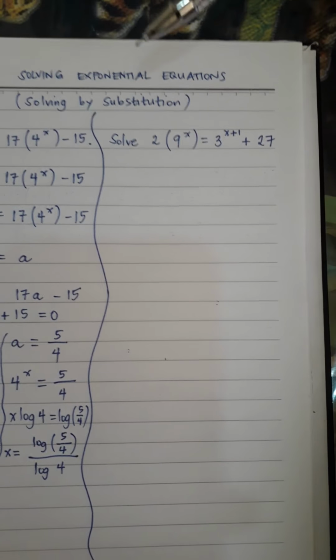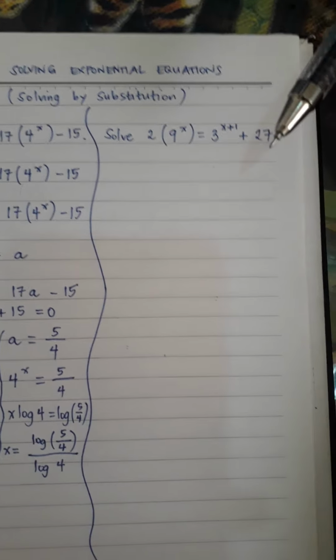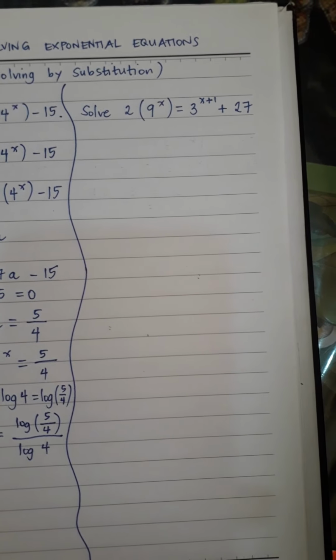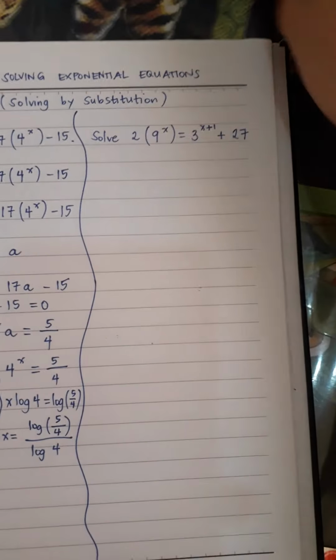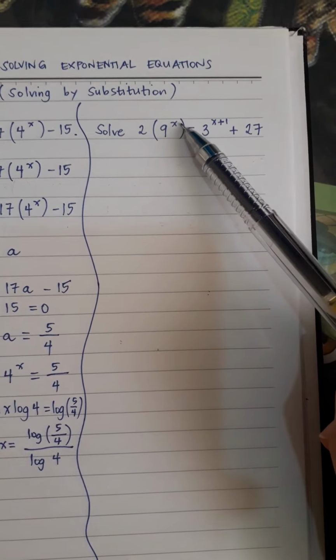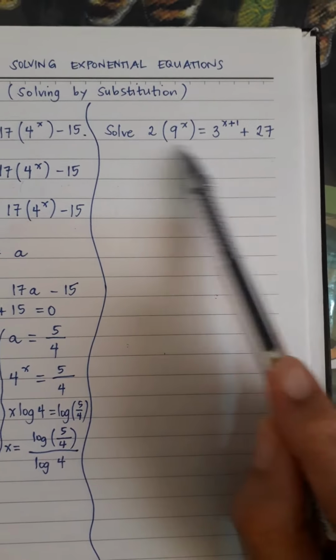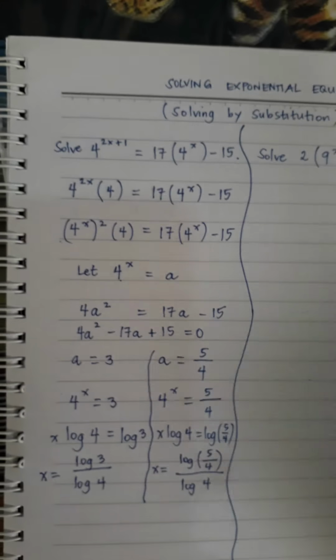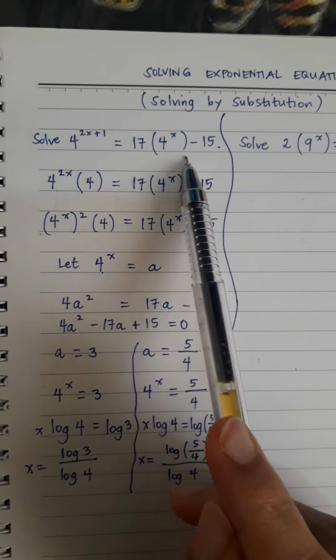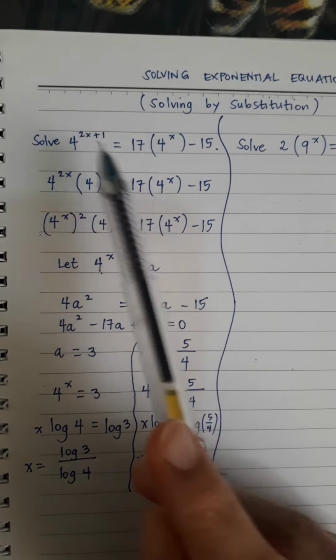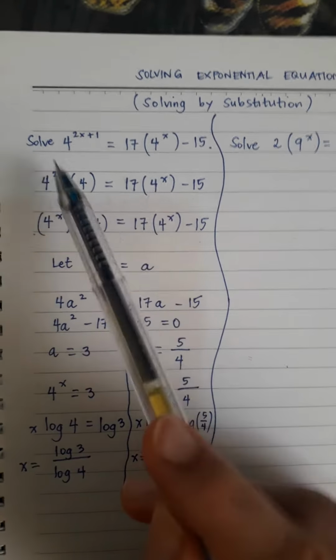exponential equation. Again, we will solve by substitution. Where do we get the idea that we will use substitution? From 9 to the power of x and 3 to the power of x plus 1. Okay. For this one, it's more complex to see that substitution has to take place. Unlike in the first one, it is more obvious because both have base 4.